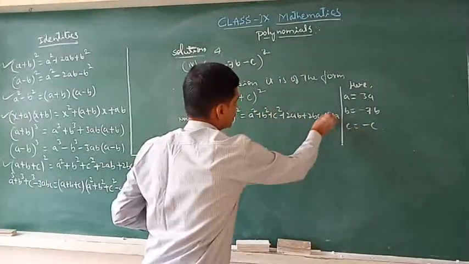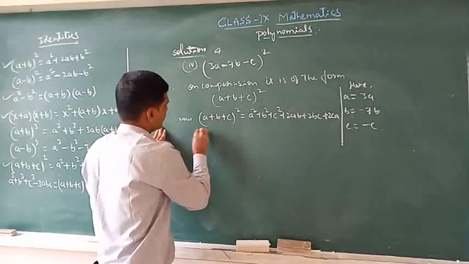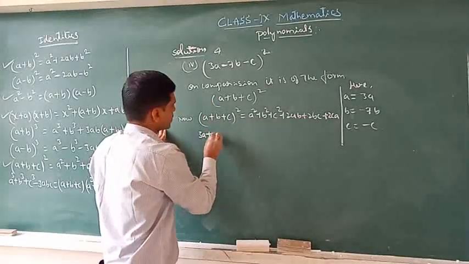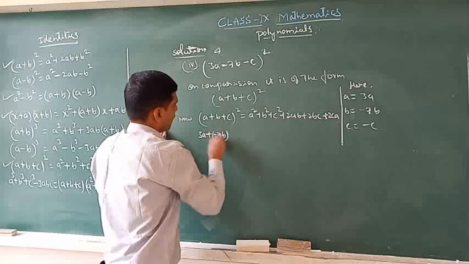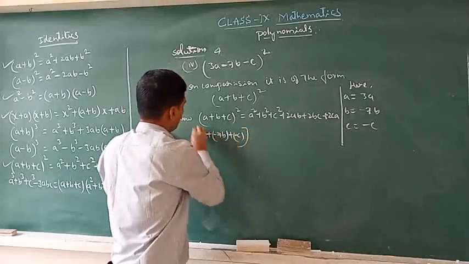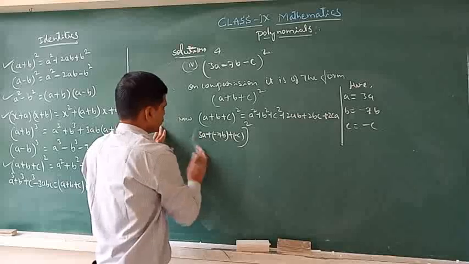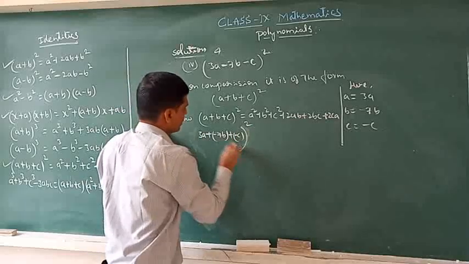So now simplify this one. A means 3A, plus B means minus 7B, plus minus C, whole square. You can use brackets.